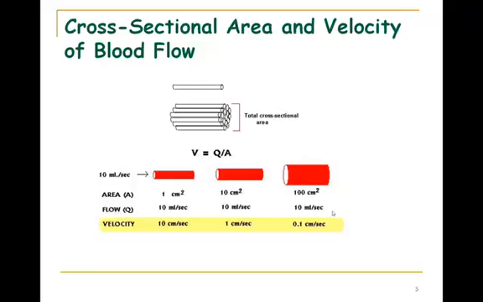Maybe at a certain few seconds it may change, but then it remains constant. So pretty much we're going to keep that constant. What we're going to do is look at what happens if you increase total cross-sectional area. You'll notice as your total cross-sectional area increases, your velocity of blood flow goes down.